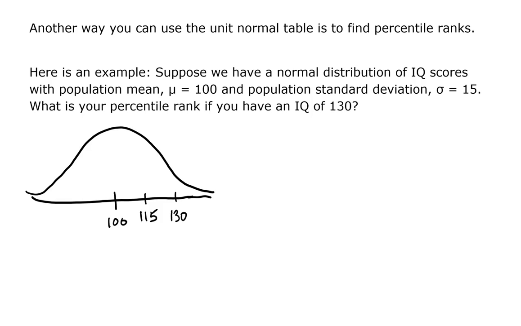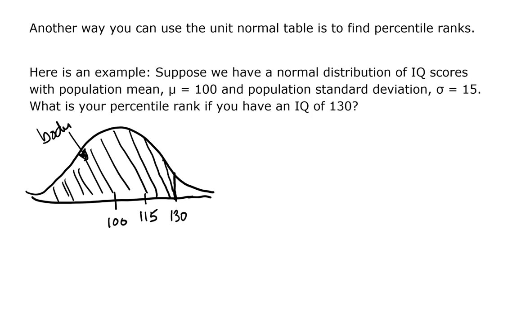So here we go. So 115 is one standard deviation, 130 is two standard deviations away from the mean, right? So what we're looking for in percentile ranks is basically the percentage of individuals who scored lower than 130. And this, by the way, is the body. So now we're looking for the body of the distribution, right?